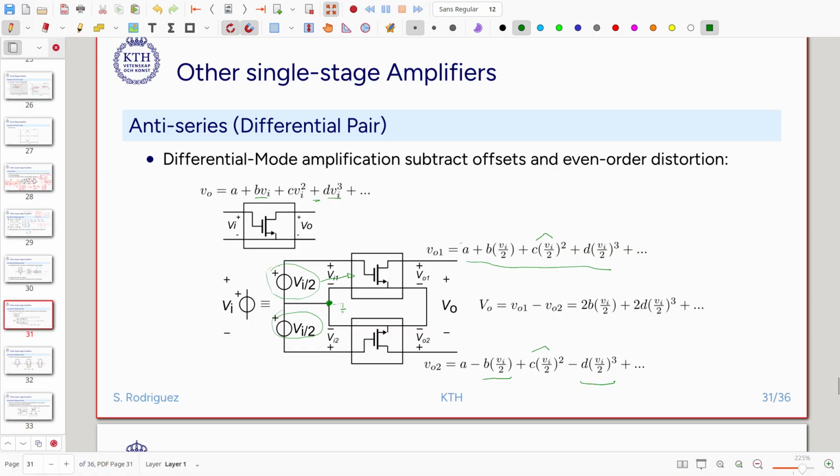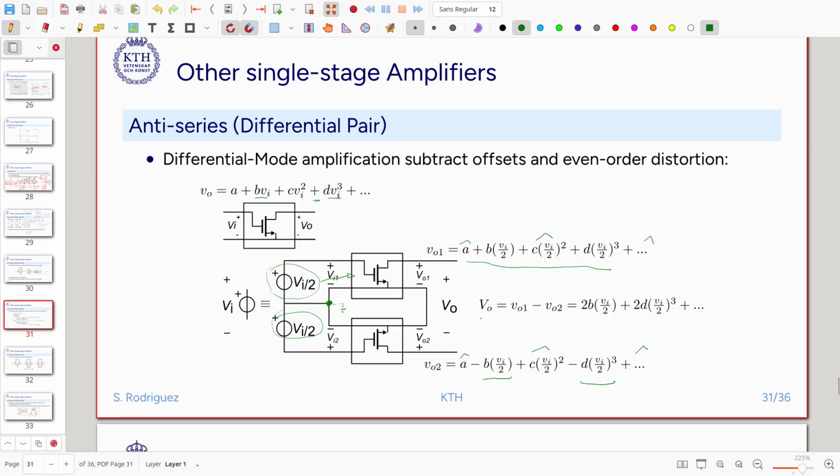Even the offset will be the same here. So even order distortion will be the same on both sides, assuming that the devices are identical. It is only the odd components that are different, because they come with different sign.